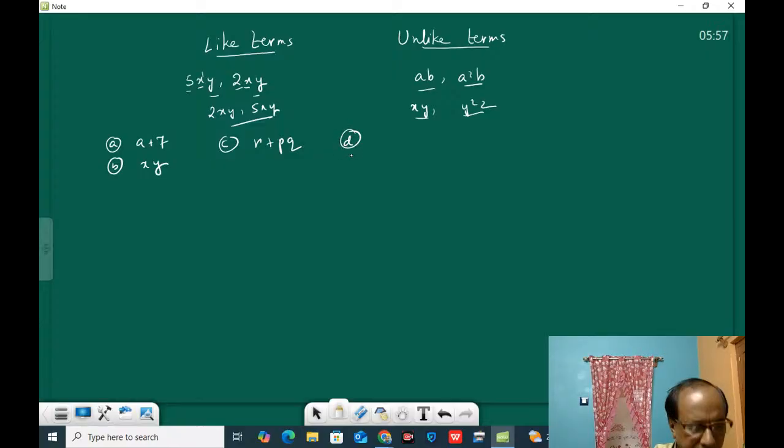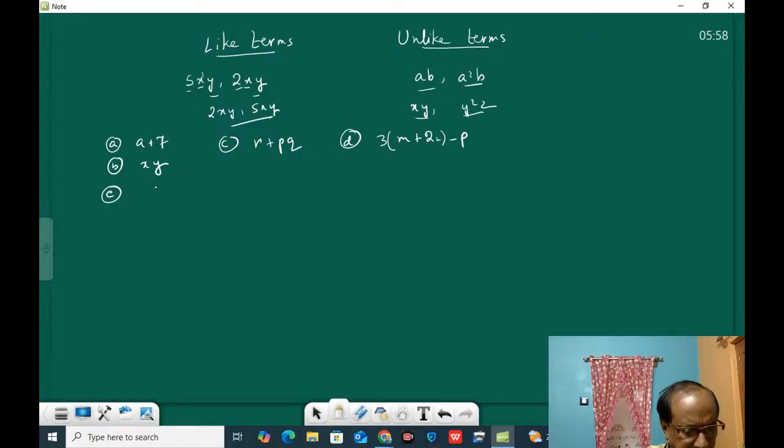Or it can be written as 3 times the sum of M and 2N diminished by P, that is 3 into M plus 2N minus P. Diminished means subtraction.